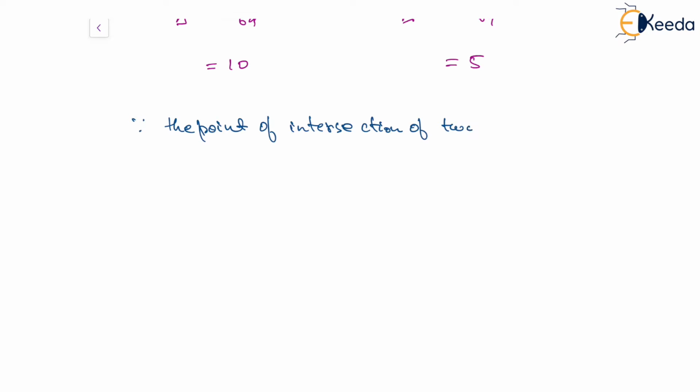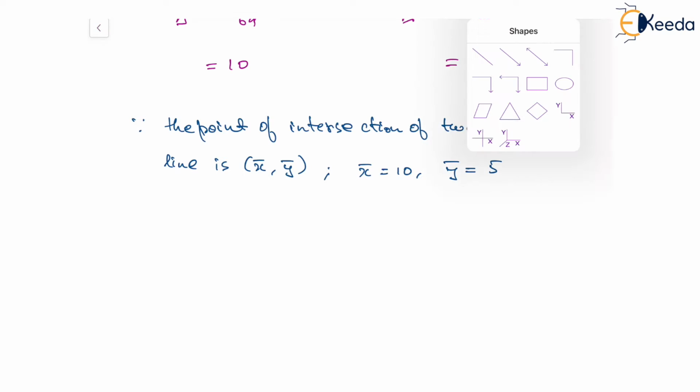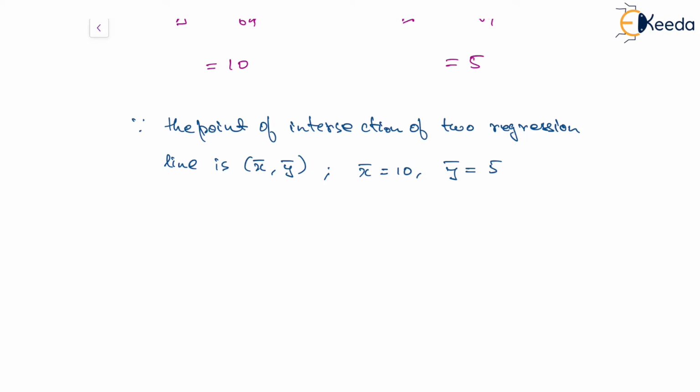Since the point of intersection of two regression lines is given by x bar and y bar, the mean values, we can say that x mean will be 10 and y mean will be 5. So this is the first part of the solution.